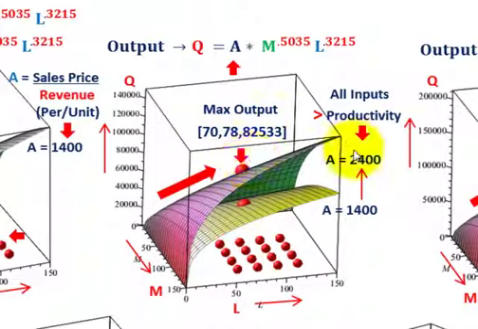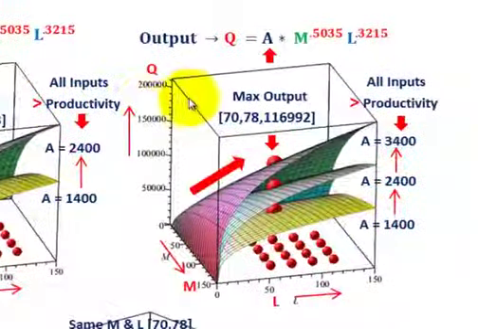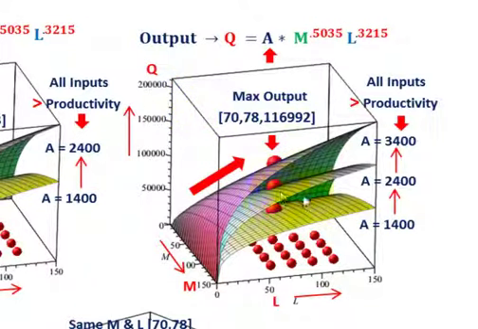The only thing that's changing is the revenue, or increasing our A amount, our scalar amount in our production function. Okay, so that's with two different inputs. All inputs have greater productivity. Now just moving over here, here's the case again where our input for our revenue is at $1,400, then we moved it up to $2,400, showing it here.